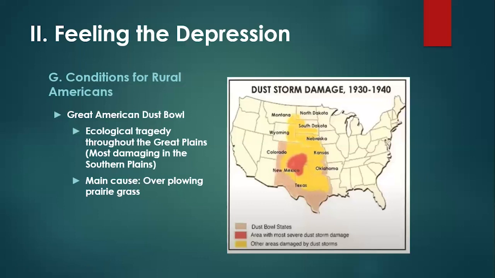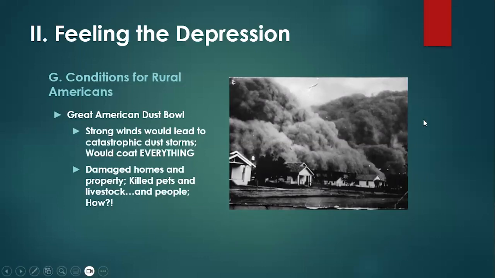And as this grass was overplowed, it created a very loose topsoil. So when big windstorms came sweeping through, they would blow up all the topsoil and send huge clouds of dust flying through the air. And these dust storms were so devastating that they could damage property, kill pets, and even kill people.